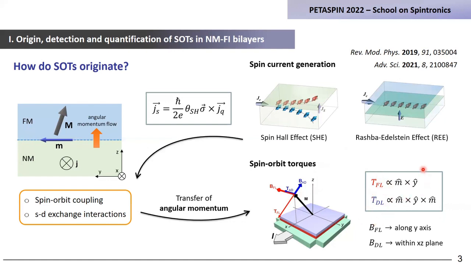The field-like torque can be thought of as an effective field that acts along the y direction, whereas the damping-like torque exhibits rotational symmetry within the XZ plane. Interestingly, it is this rotational symmetry which confers it very interesting properties, like, for instance, the capability to drive magnetization switching by electrical means.